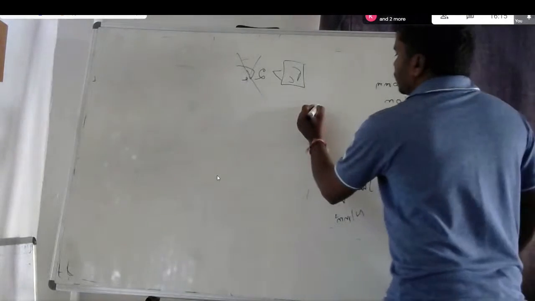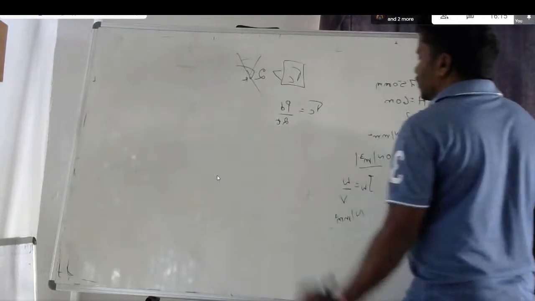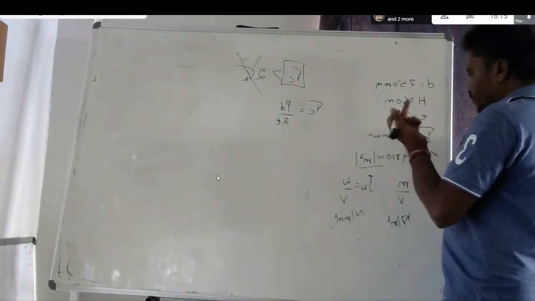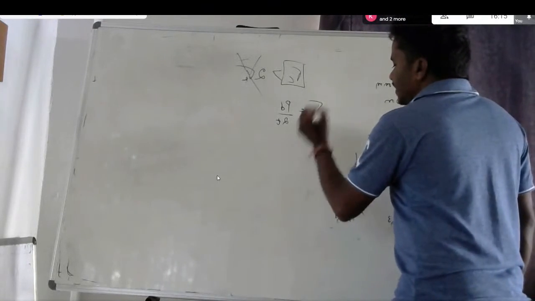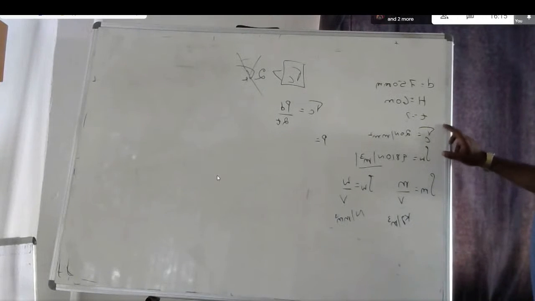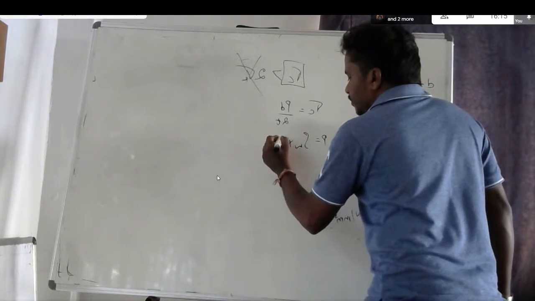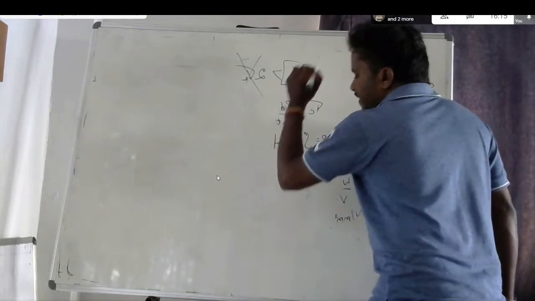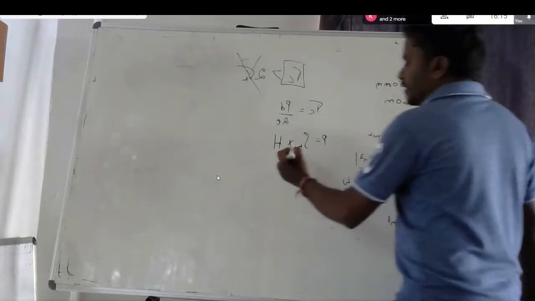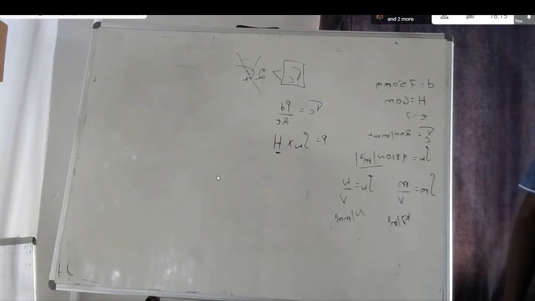Yes, sir. Now we know sigma C is PD by 2T. To find T I need P. P is not given, but instead they gave the head and the weight density. Therefore, P is rho W into the head. The head is a fluid mechanics topic in the next semester.